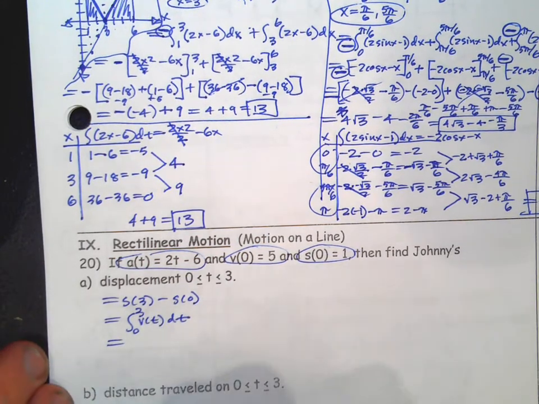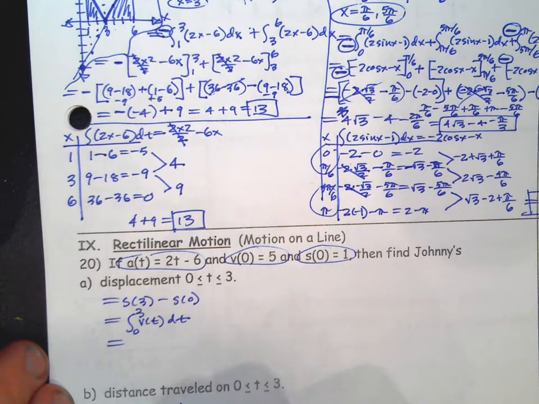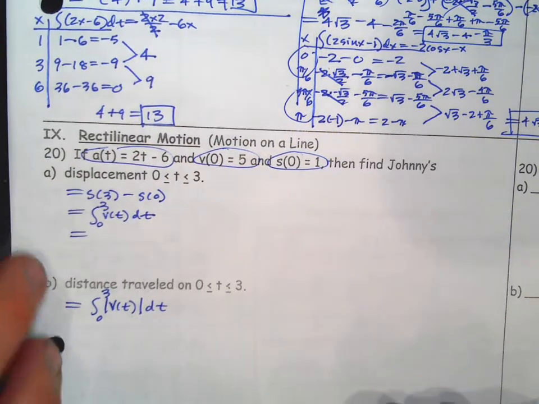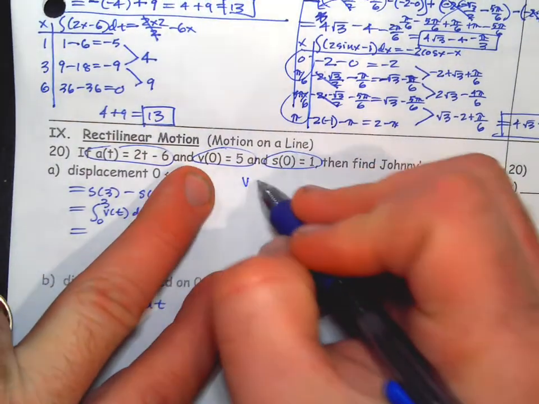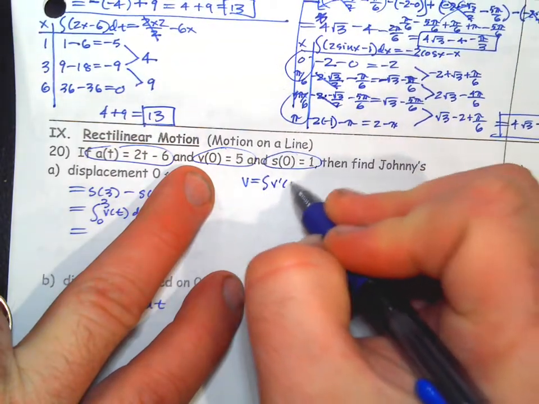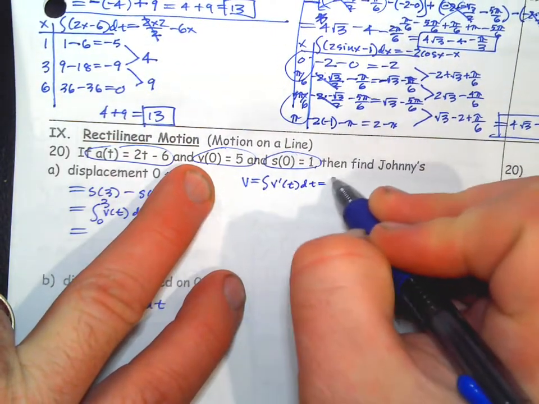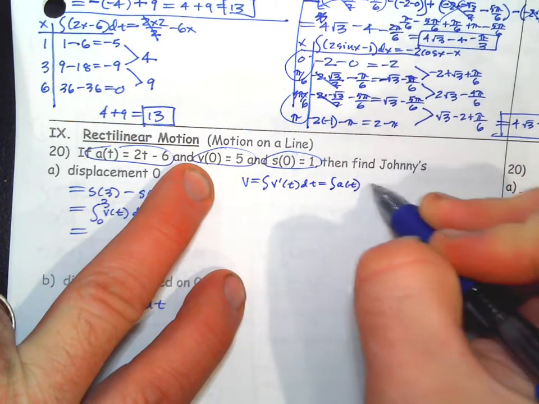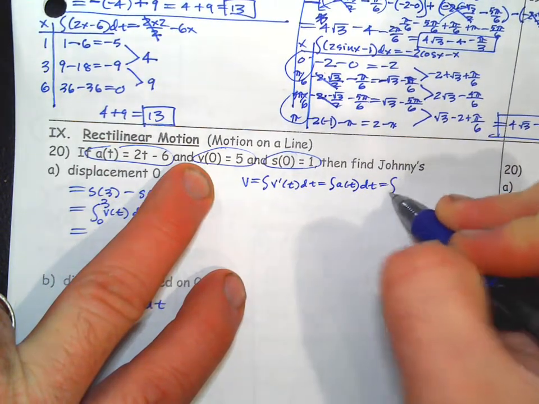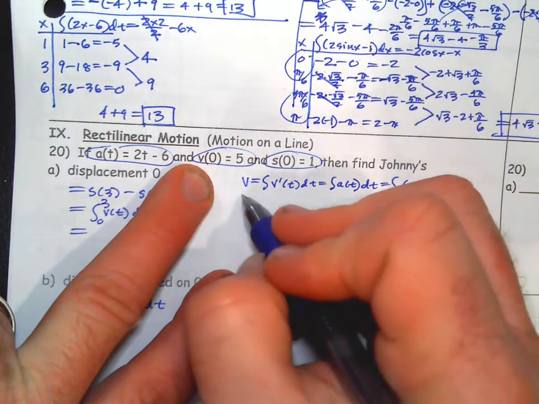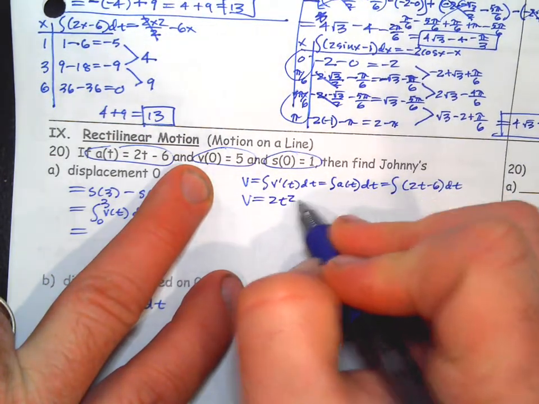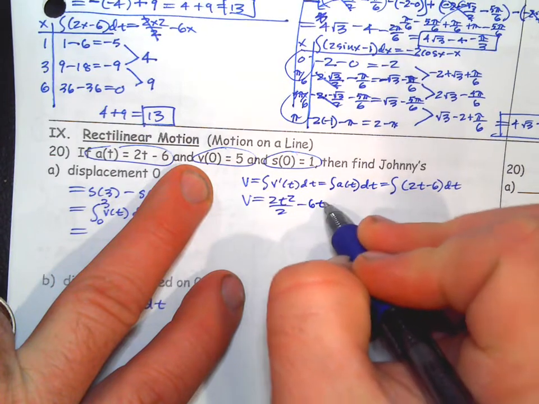And here we're going to do the integral of the absolute value of velocity, or speed, from 0 to 3. And the table is going to be helpful for that because it's the same table we use for other absolute value functions. We do need to find the velocity function. So velocity is going to be the integral of v prime, which is the integral of a, which is the integral of 2t minus 6 dt, which is going to be 2t squared over 2 minus 6t plus c.